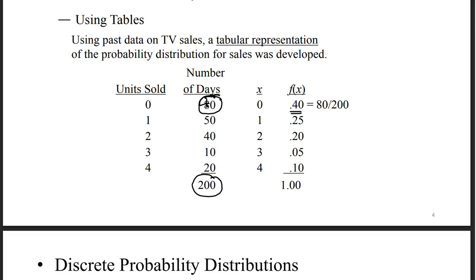And so that's how we determine the probability distribution function for most discrete random variables. We take the frequency value, or the number of times that value was repeated, divided by the total frequency, just like we did in our frequency distribution table.